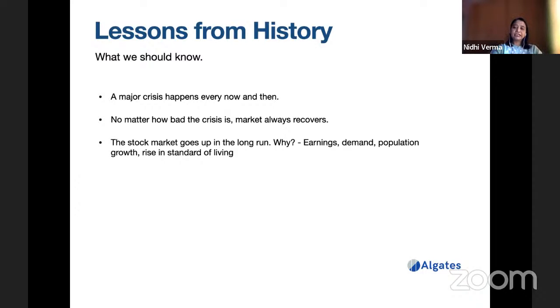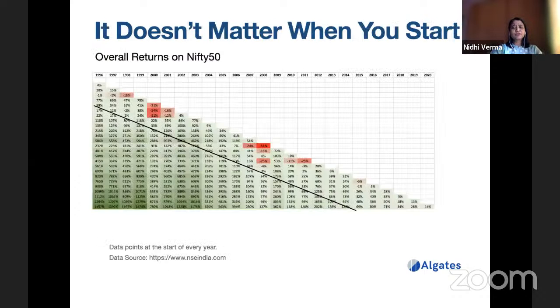So the earnings increase, and the earnings increase because the demand of their products increase. And why this happens in general is because of the population growth and rise in the standard of living across the globe. So as these things happen, the earnings of the companies grow, and the stock market also grows in the longer term. So this is an important chart.